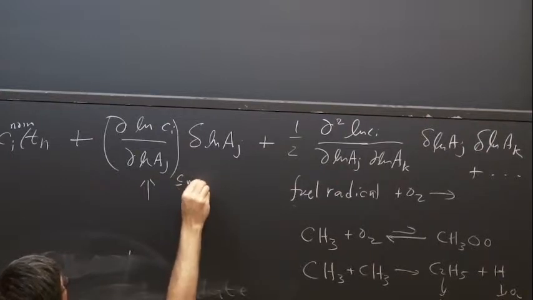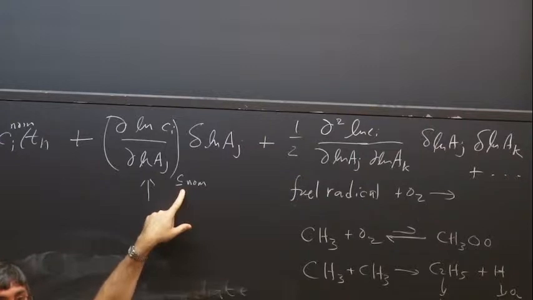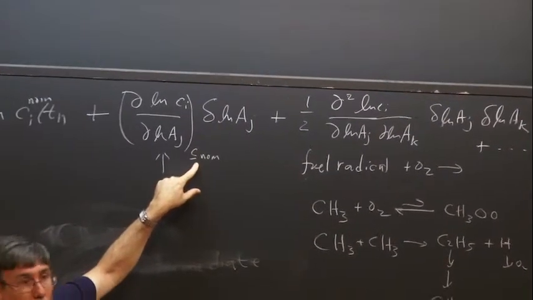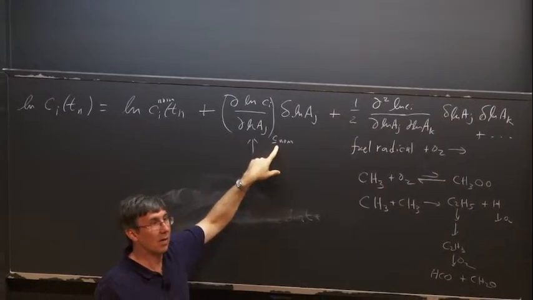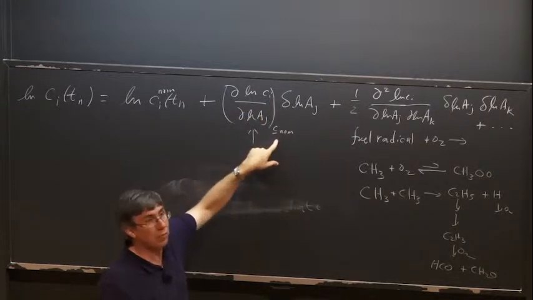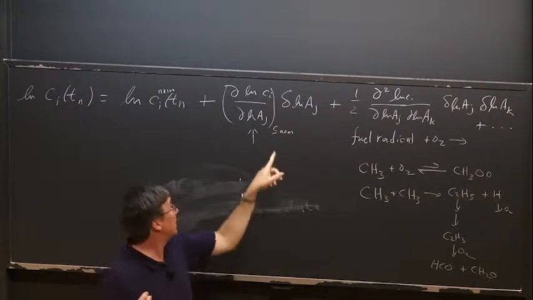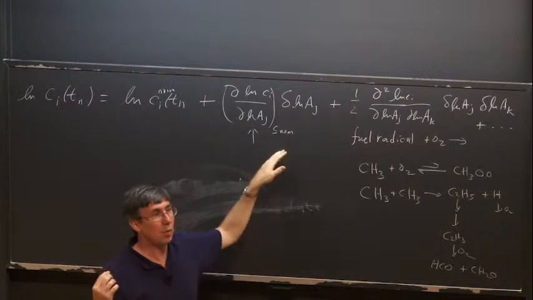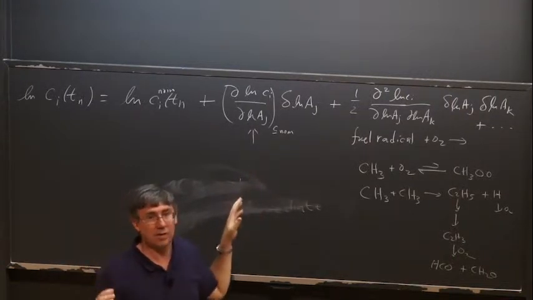It's evaluated for my current estimate of the concentrations. So if my model is too bad, my estimate of the concentrations might be way off from reality. And I might be evaluating this at the wrong place. This thing might have a very small number at my C nominal, but at the true value of C, it would actually have a big number. And if it's a small number, I say it's not important. I may never look at that reaction again, even though I should have.